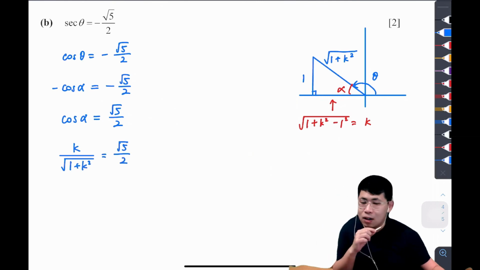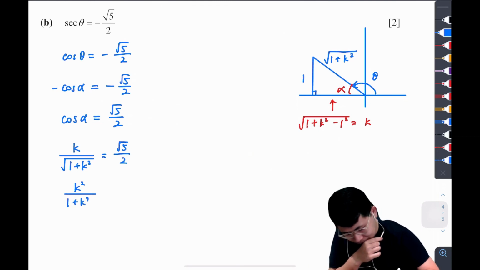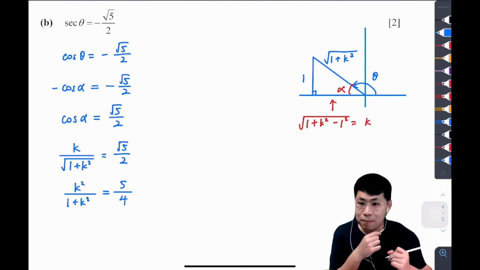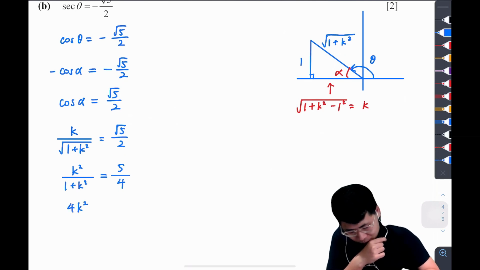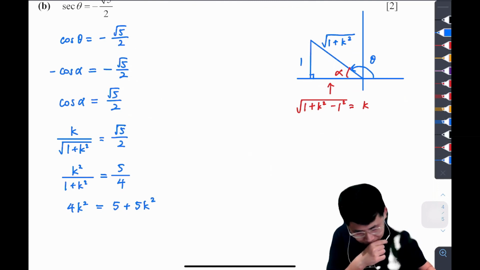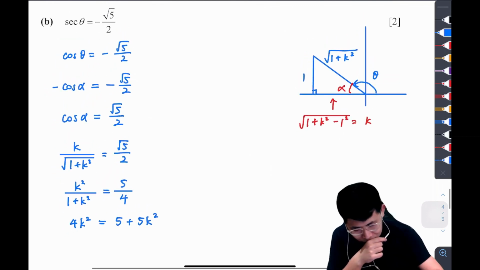Because I have square roots on both sides, why not square both sides? Then let us cross multiply: 4k square is equal to 5 plus 5k square. Oh, sorry, I made a mistake.